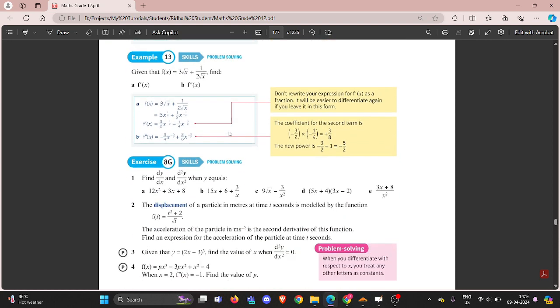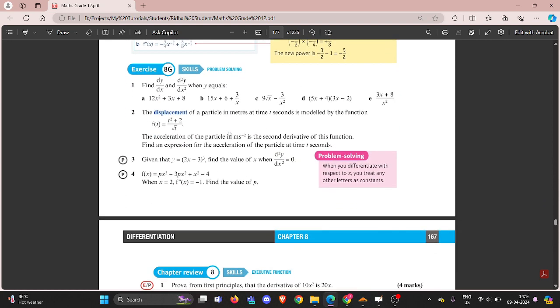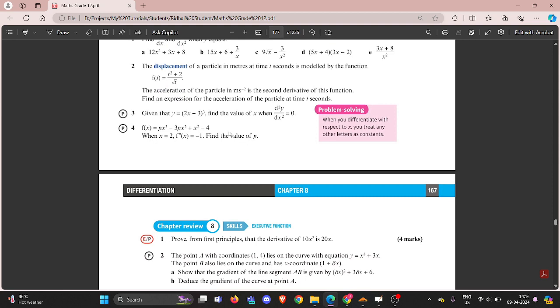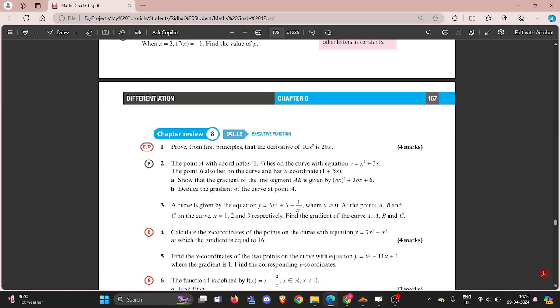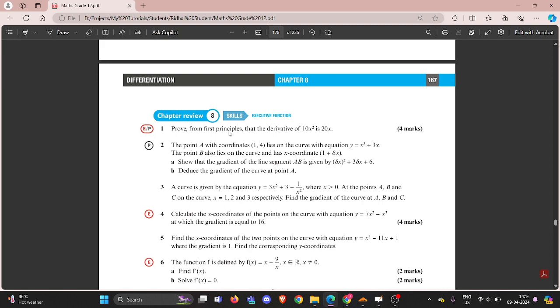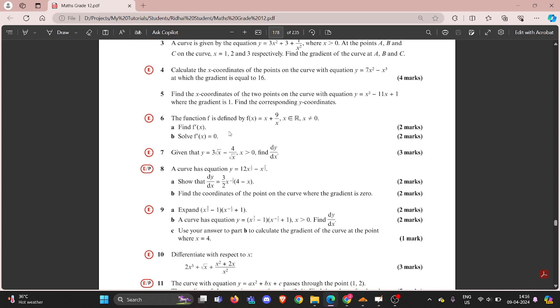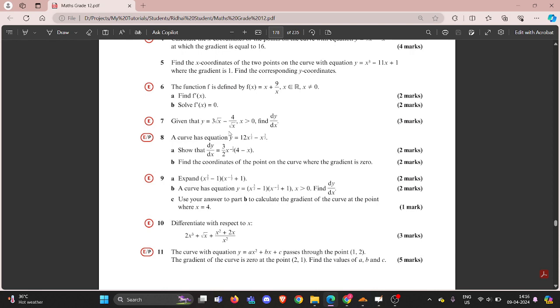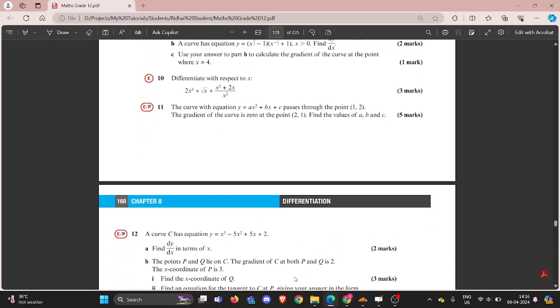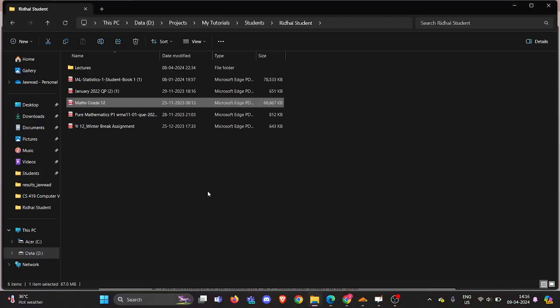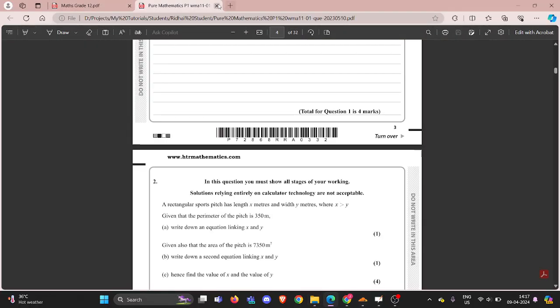Is maxima and minima, finding the extremums, in your second book? Yeah, I think so. Let's see the second book. I think I don't have the second book yet.